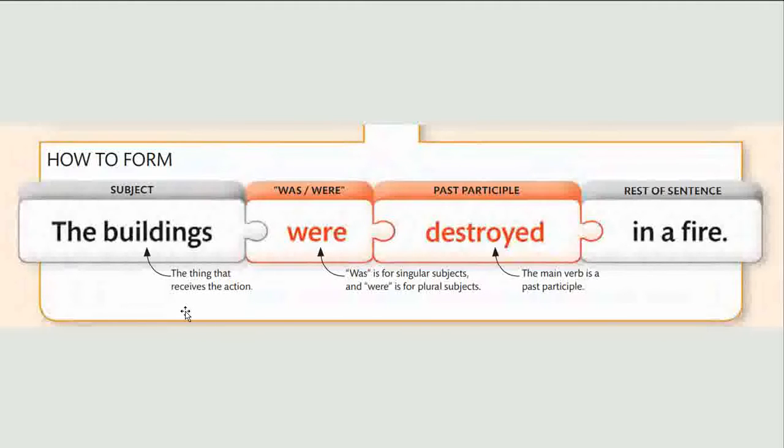The building received the action, so that's why it is passive voice. Was is for the singular subject, were is for the plural; that is the auxiliary we are using. The main verb is in the past participle. At this moment, we request you to construct a similar sentence so you get a clear idea of how passive voice is built using past tense.